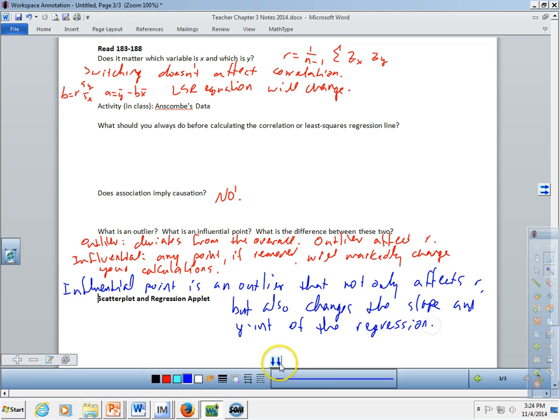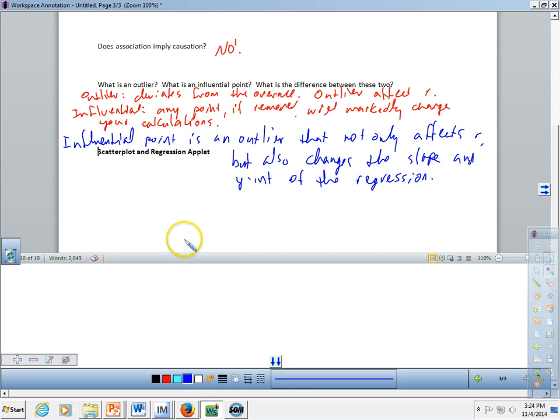Okay? Now, as we just saw in the applet, an outlier in the x direction, in other words, an outlier that is away from the x bar line, will be influential.